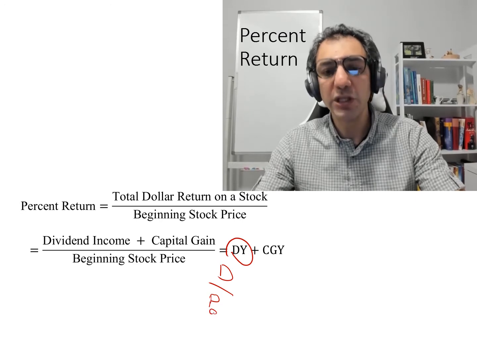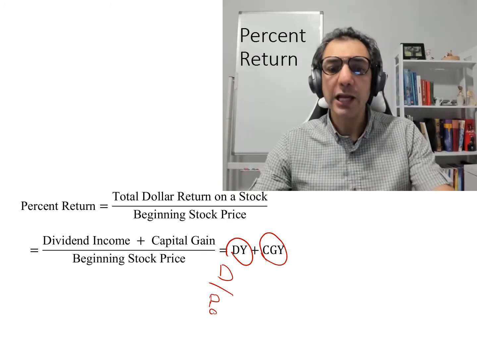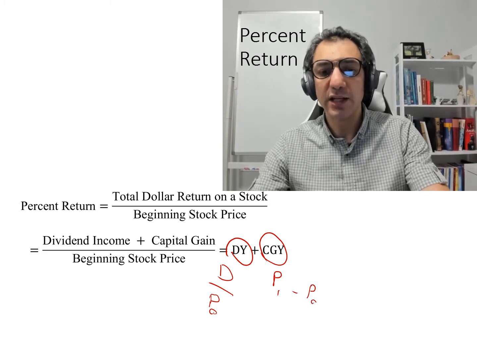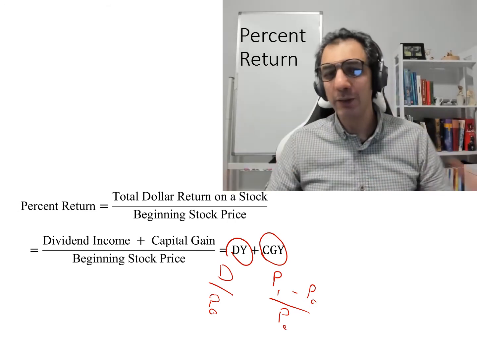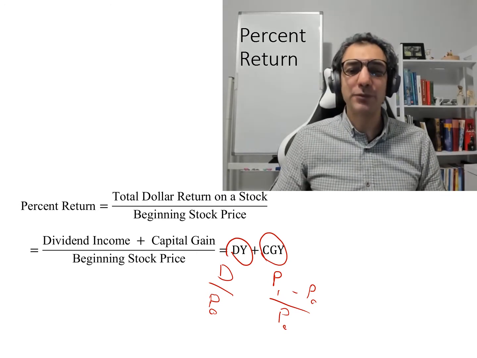Let's call it P0. And the second portion is the capital gain yield, which is based on the stock price changes. P1 is the stock price one period from now, minus P0, the current stock price, divided by P0. So we can write down the percent return based on the dividend yield and the capital gain yield.